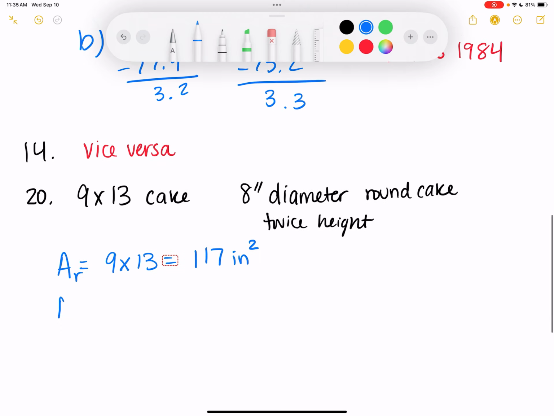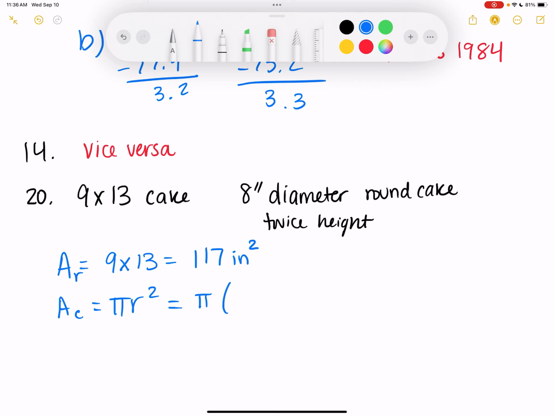Now I need to do it for the circle. What's the formula for the area of a circle? Pi r squared. They gave me the diameter, so my radius is 4.